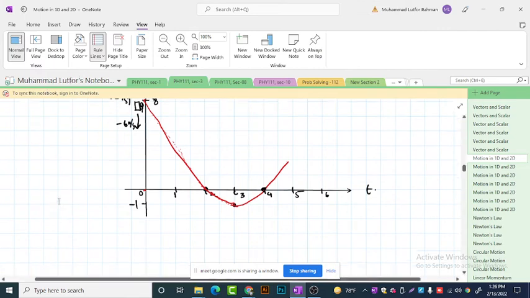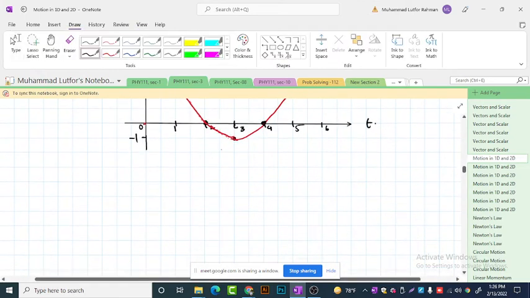That means if any particle moves according to this equation, x equal to 8 minus 6t plus t square, which is a general form of a displacement equation, we write it this way: x equal to c1 plus c2t plus c3t square.